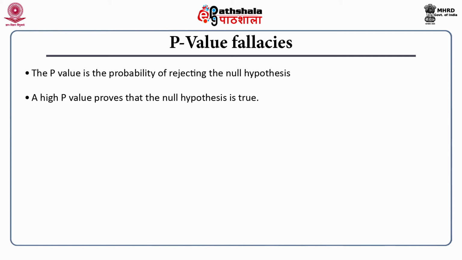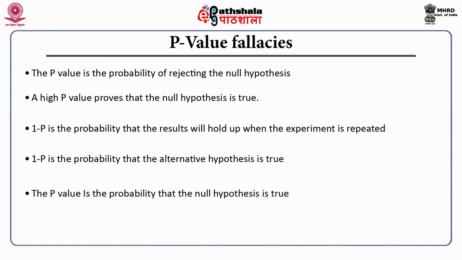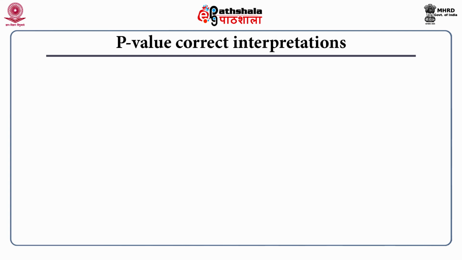That is wrong. 1 minus p is the probability that the results will hold up when the experiment is repeated. Again, wrong. 1 minus p is the probability that the alternative hypothesis is true. Again, wrong. The p-value is the probability that the null hypothesis is true. Wrong. The p-value is the probability that the result was due to sampling error. Again, wrong. Then what is the correct interpretation of the p-value?